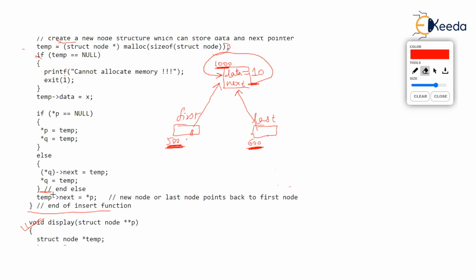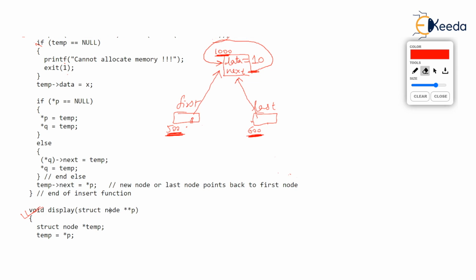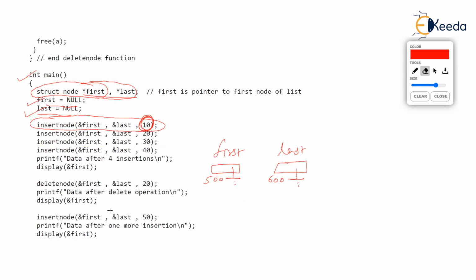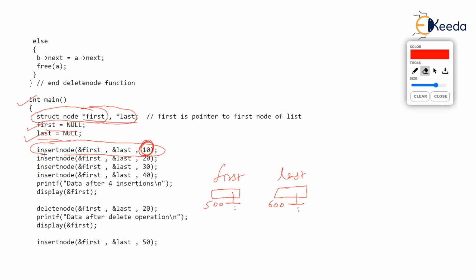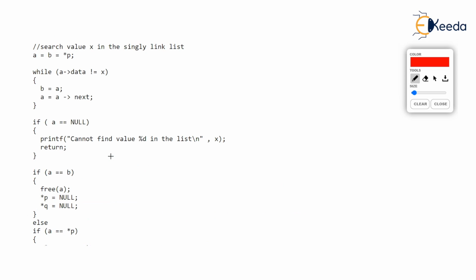Anyway, okay. So now assume that this insert node function is called a second time from main. Second time we are again passing address of first and address of last, and the value we want to insert is 20. So let's come to the insert node function.